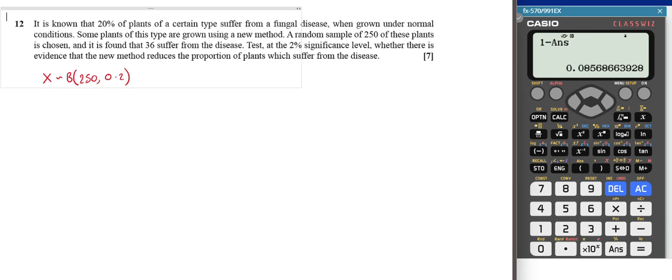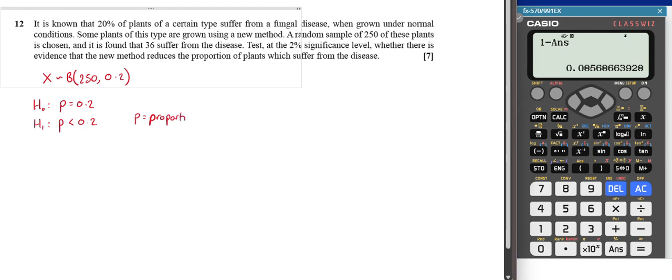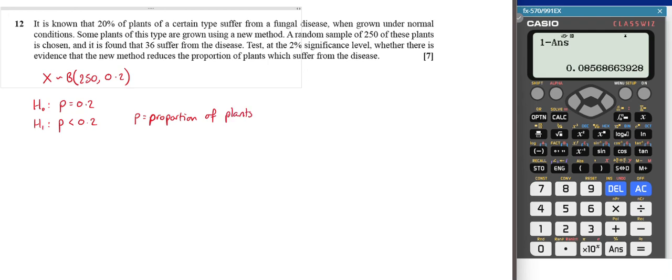We need to define our null hypothesis, and that is that p is 0.2, and our alternative hypothesis is that p is less than 0.2, where p is the proportion, not probability, proportion of plants with the disease.